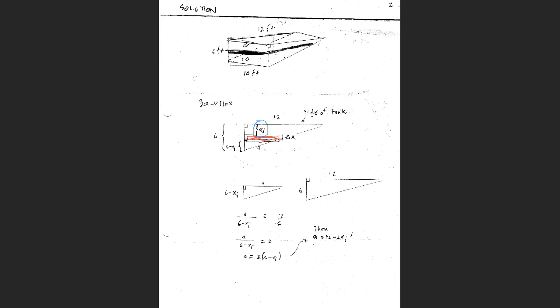But here we let the vertical axis be x. The ith layer of water is going to have a certain height to it. Naturally, we're going to let those layers of water get thinner and thinner, so our approximation gets better and better. But it has a height, and that's called delta x.